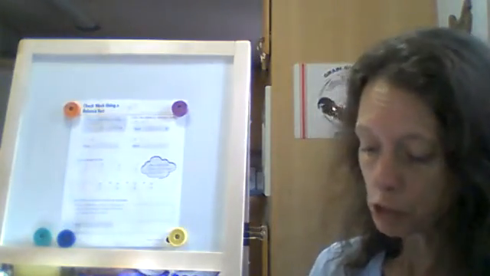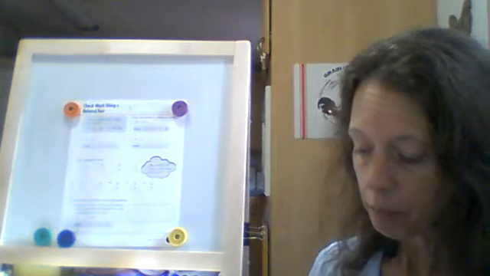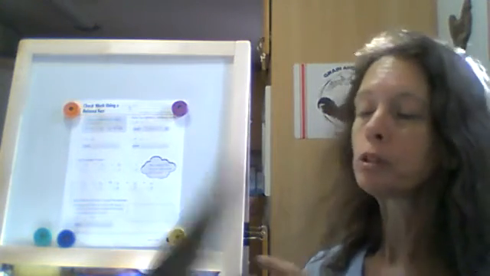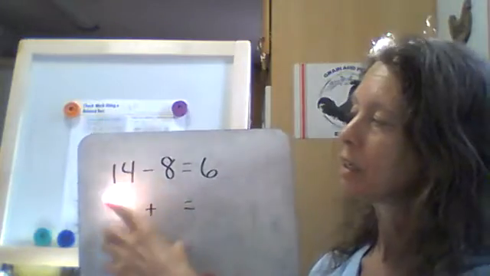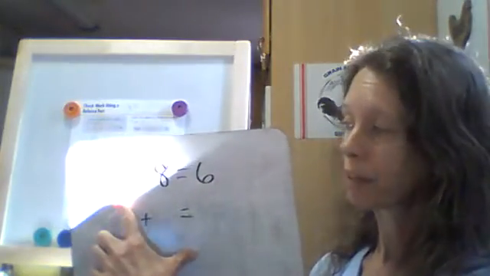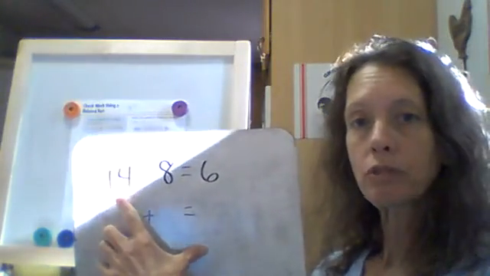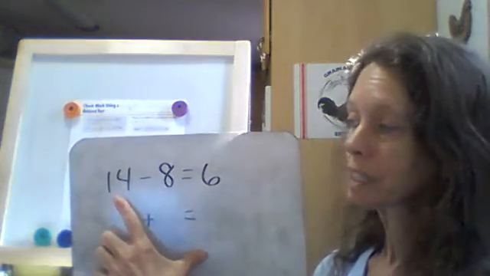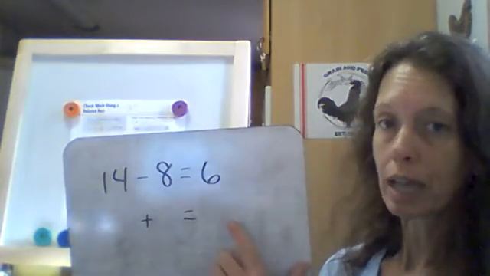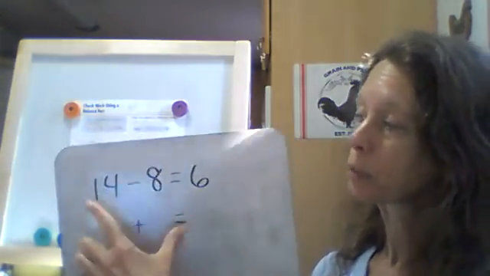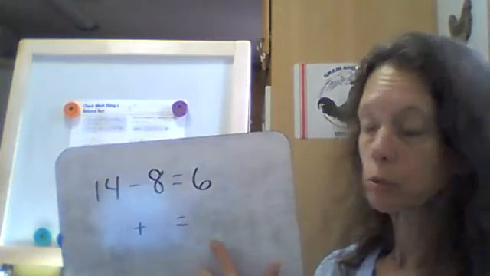If you remember the structure of math problems, when you're doing subtraction, your big number is always first. But when you're doing addition, your big number is always last. So that's going to tell you right away where your first number goes.